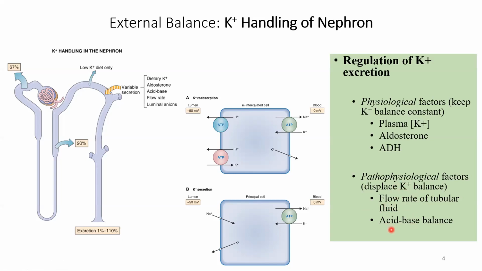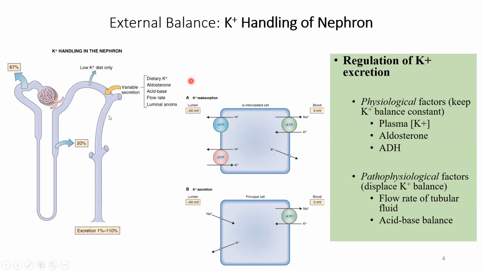Acid base, like we just discussed, also will come into play here, as it was discussed in the internal balance of potassium. Acid base, again, is not primarily a fault of potassium. However, it ends up disrupting a lot of potassium here and there. Okay, so this diagram can be read as physiological and pathophysiological factors.